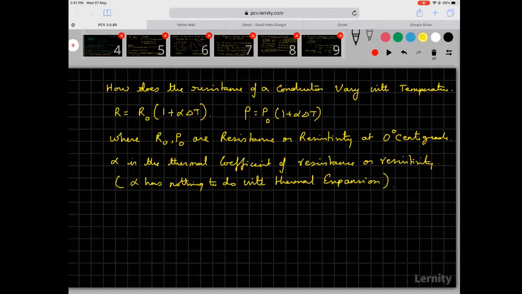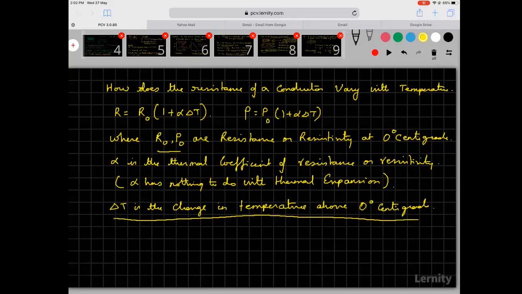Then delta T is the change in temperature above 0 degrees centigrade.